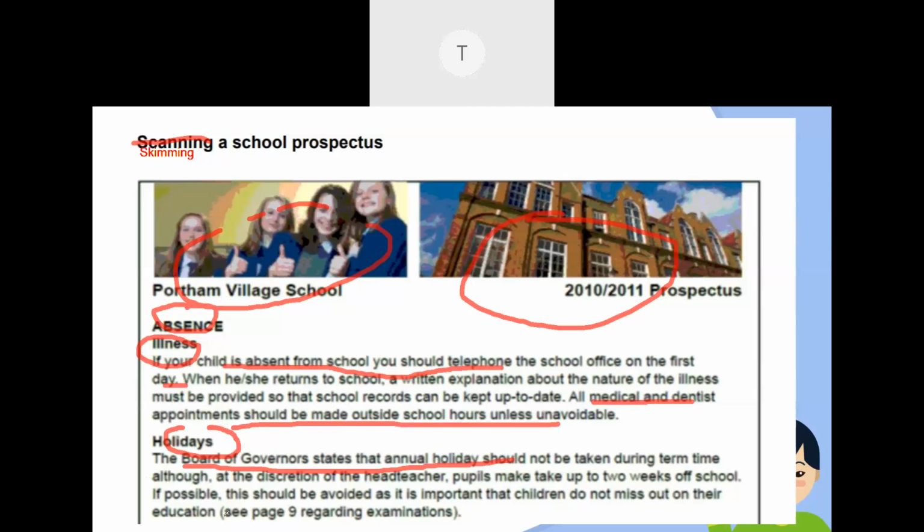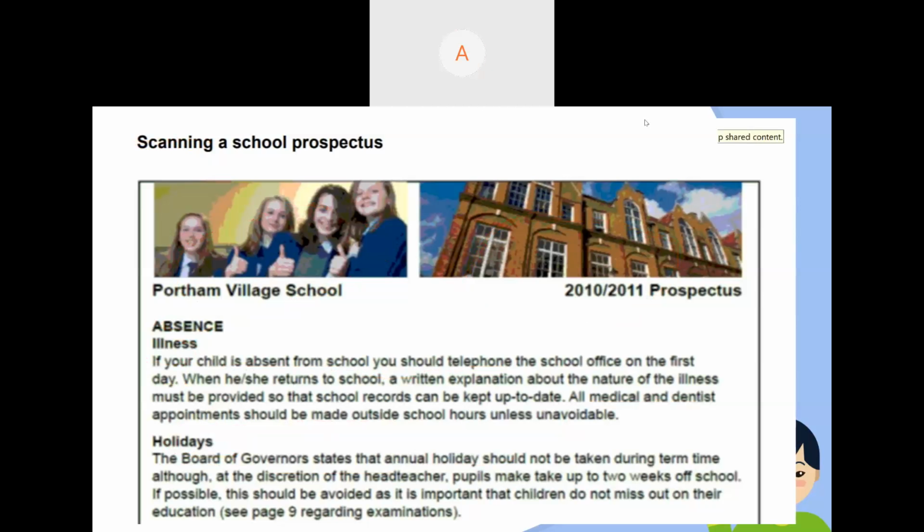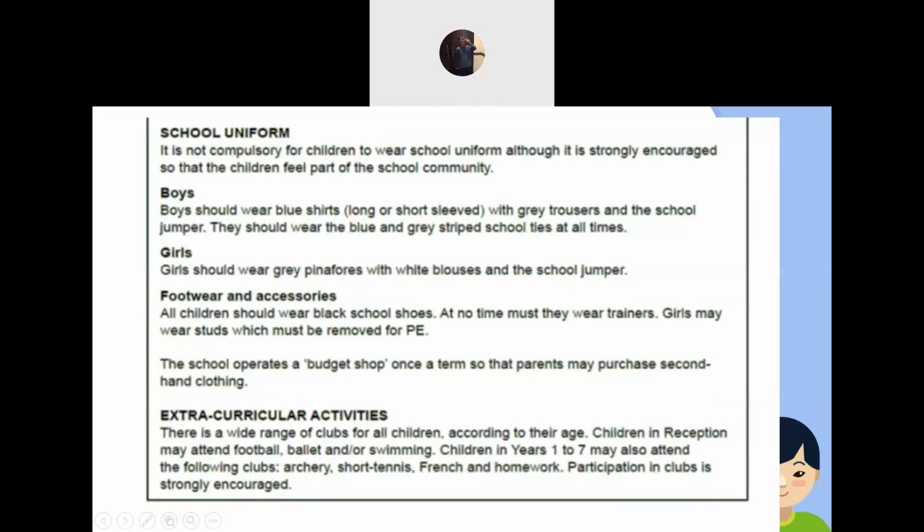So, have you finished skimming this part? Done? Okay, I'm going to move on. Let's look at the questions. This is the second part.